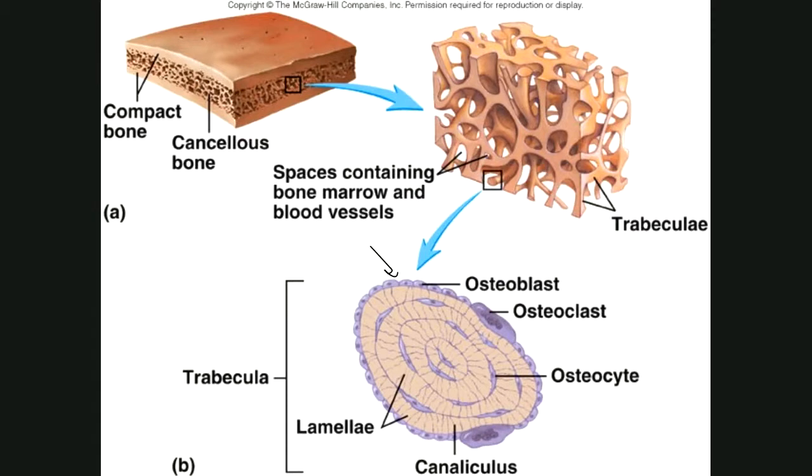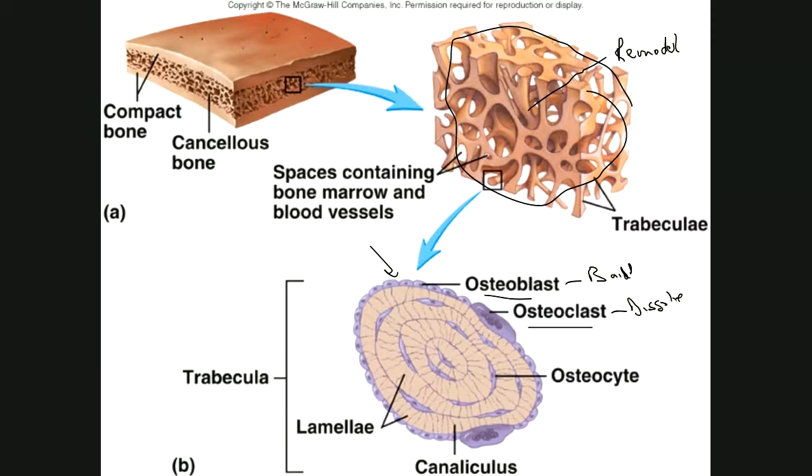So look, there's our osteoblasts, which are going to build bone. So these trabeculae can get thicker and bigger. And there's our osteoclasts, so we can dissolve bone. So these can get smaller and thinner. So we can change the size and the direction and so on of these trabeculae. We can make all kinds of adjustments. We can remodel these things.